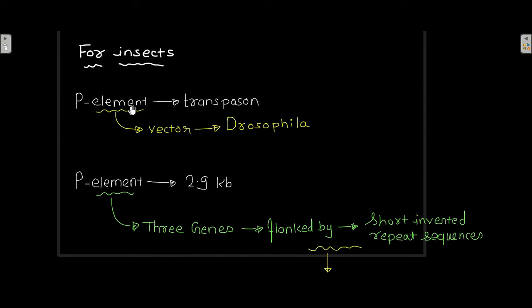Now, the P element, which is a transposon, is used as a vector in Drosophila.